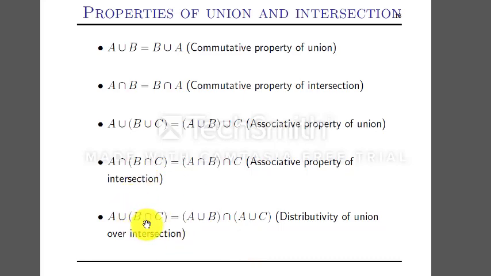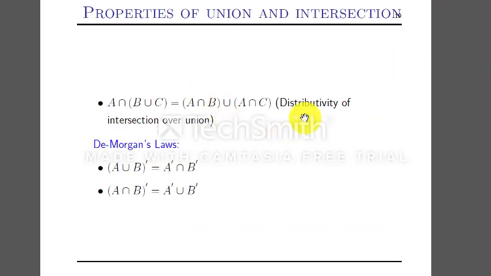Initially we take the intersection of two sets B and C. Later we will take the union with the answer of this intersection. Similarly, the answer of the right hand side will be obtained in terms of a set. The left hand side and the right hand side must be the same set, so this property must hold. This is the distributive property of intersection over union.